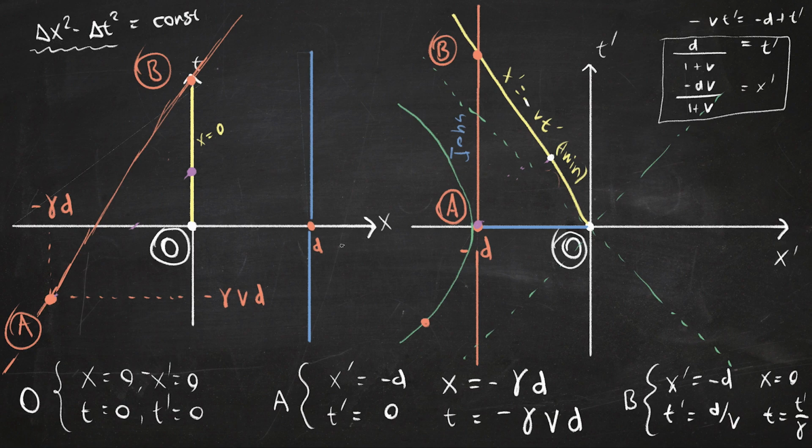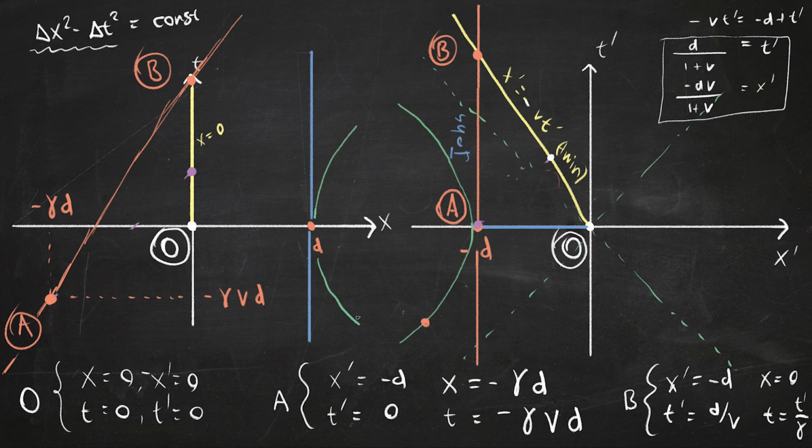So again, you can calculate the coordinates, but you need to label the events as you go along, right? Again, you can imagine the hyperbola on this frame, the unprime frame is going to be looking about like this, the hyperbola passing through that.